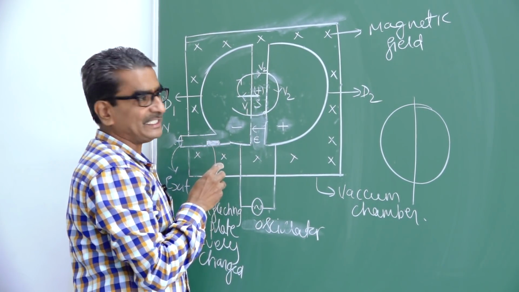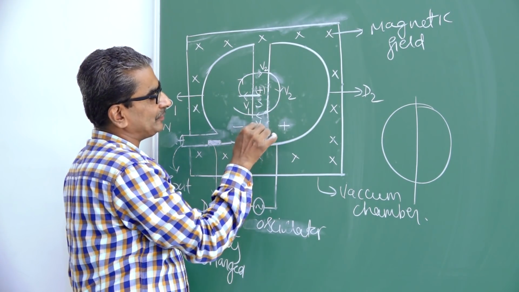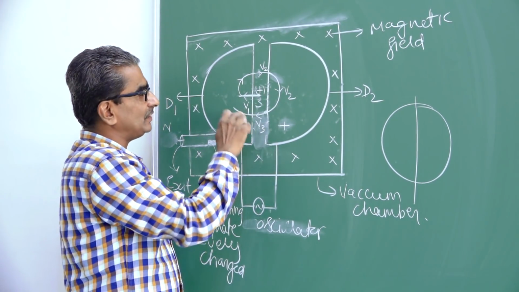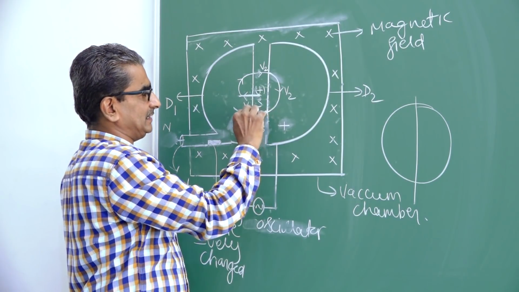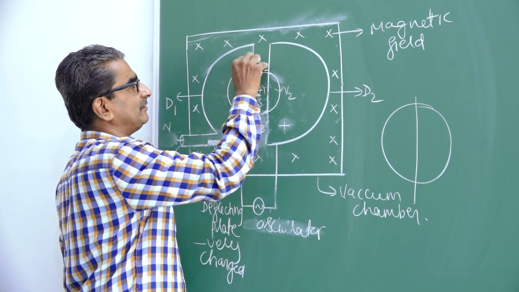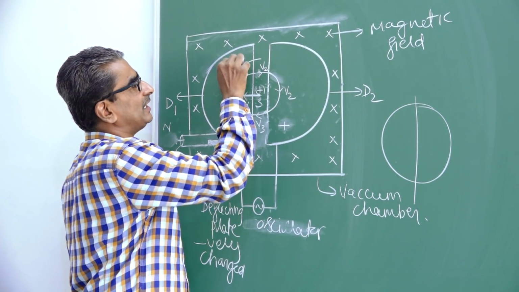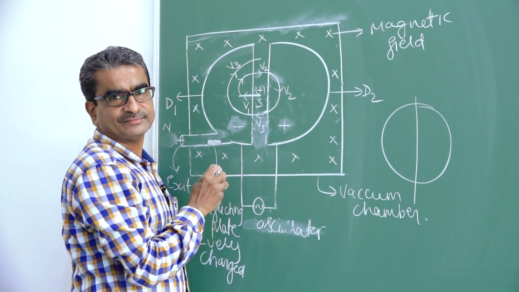With what velocity does it enter? It enters with a velocity this time v3. Once again throughout the D, it moves with the same velocity. What is that velocity? v3 itself. No change in the velocity inside the D.